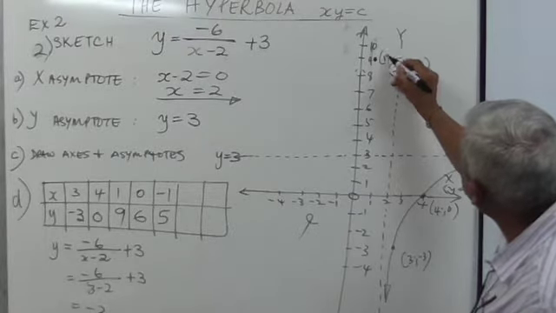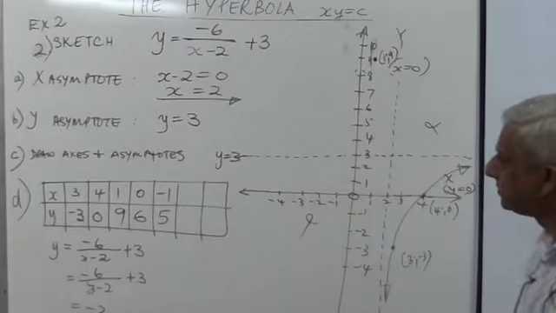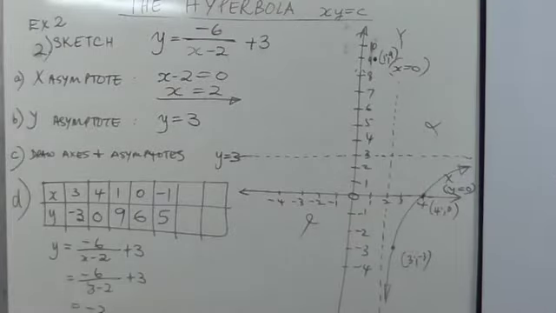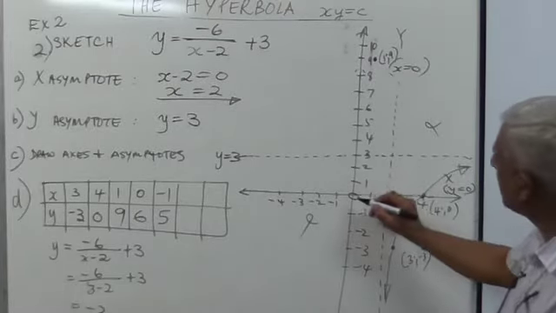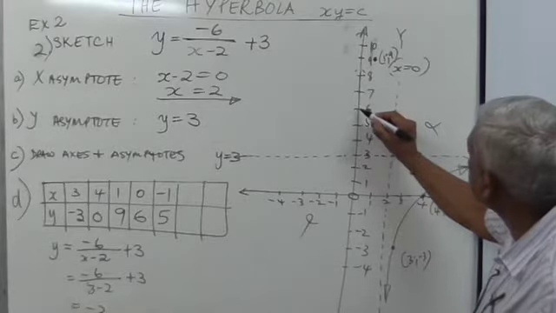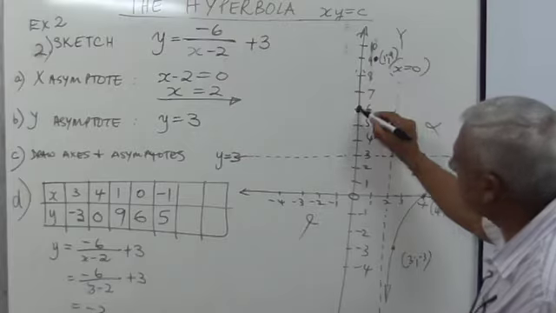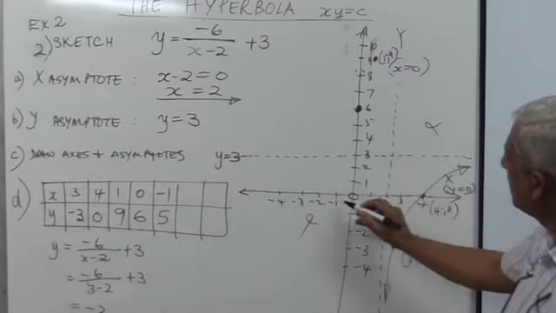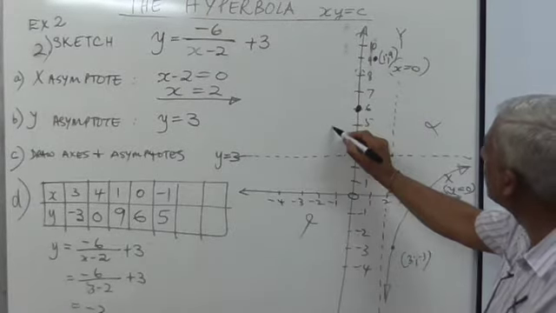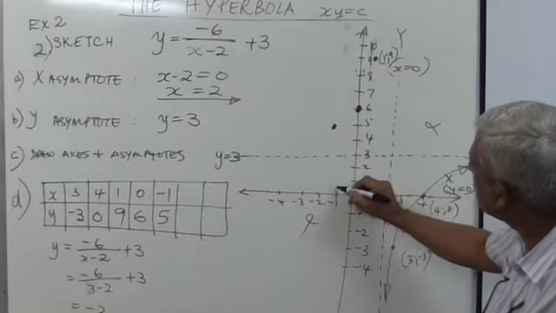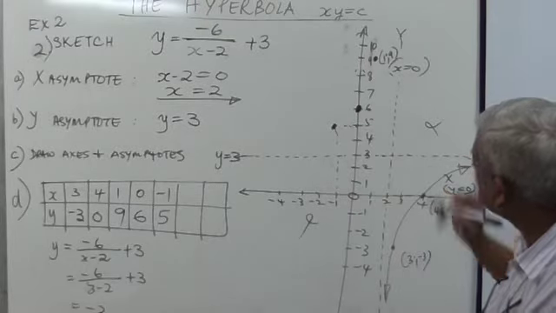So this is 1, 9. When it is 0, it is 6. That means this is the y-intercept. So we got that there, we got that there. When it's minus 1, it is 5.